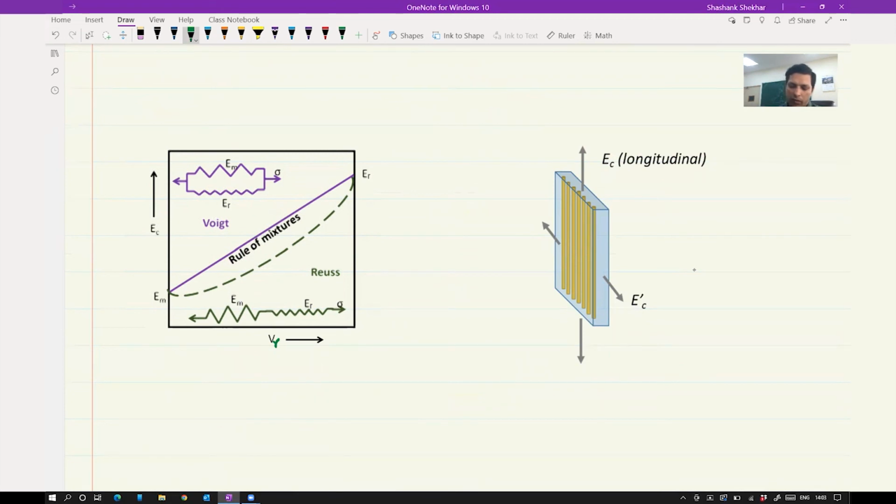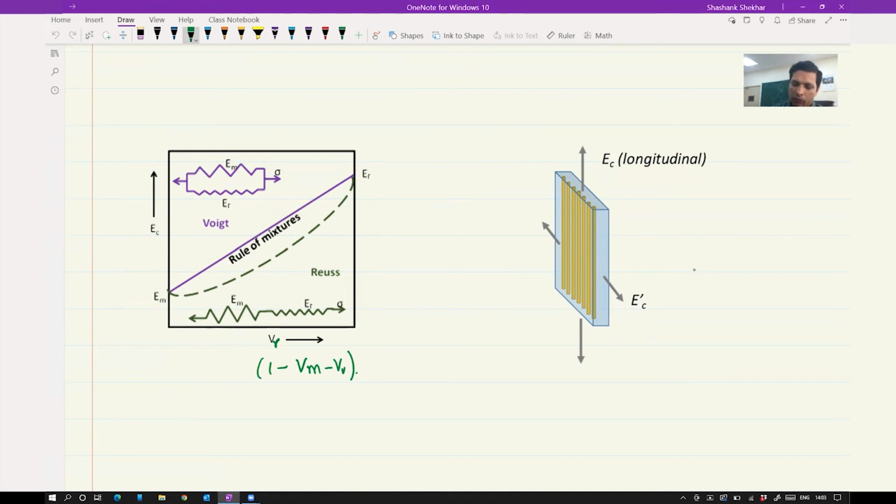Or if the void is also there, then this will become 1 minus Vm minus Vv. So here the reinforcement phase is increasing, and this is the elastic modulus of the reinforcement. As you would expect, the reinforcement will have higher elastic modulus. That is the purpose of the reinforcement, and the matrix has the lower elastic modulus.